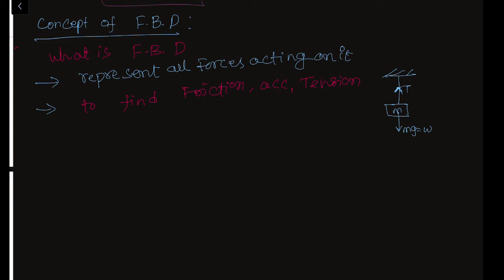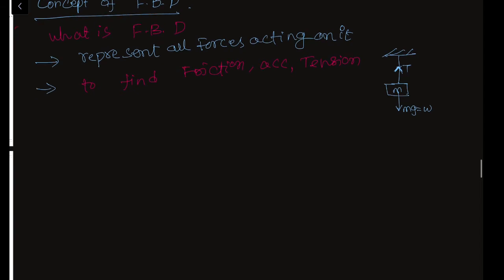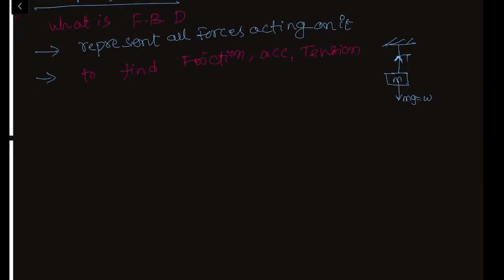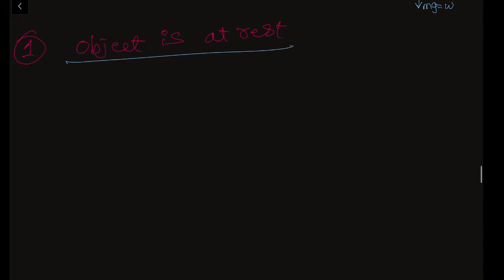So to find the frictional force, acceleration, tension, etc., we can have different types of free body diagrams. First one, children: the object is at rest. When the object is at rest, how can we draw the free body diagram?